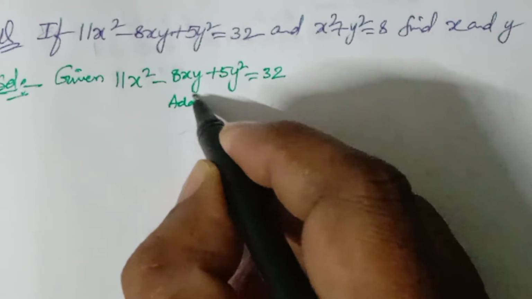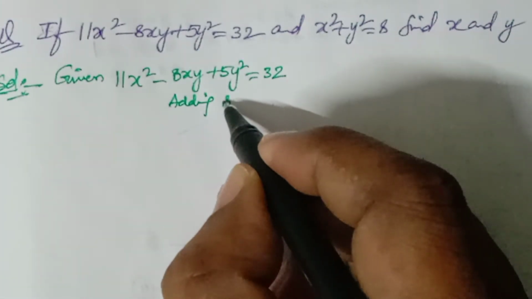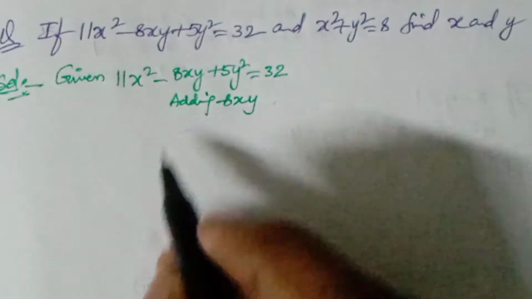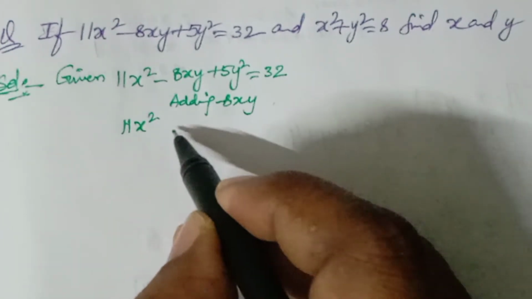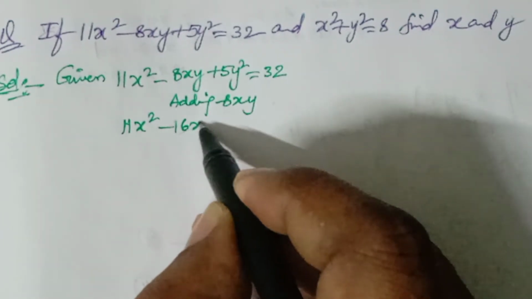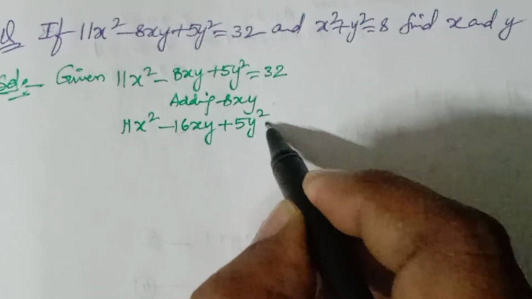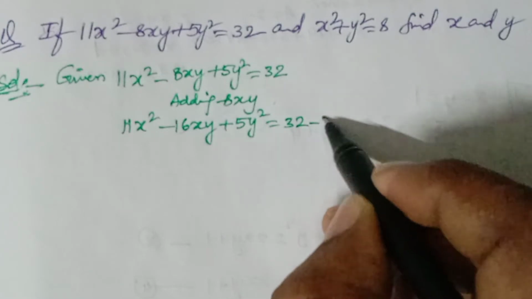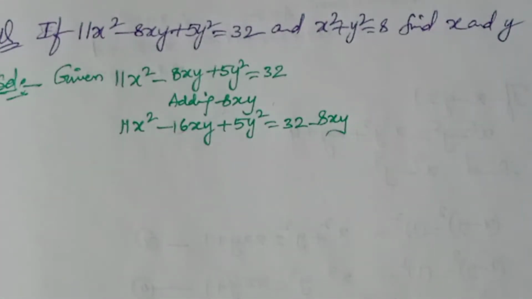So what will we get here? 11x square minus 16xy plus 5y square is equal to 32 minus 8xy.